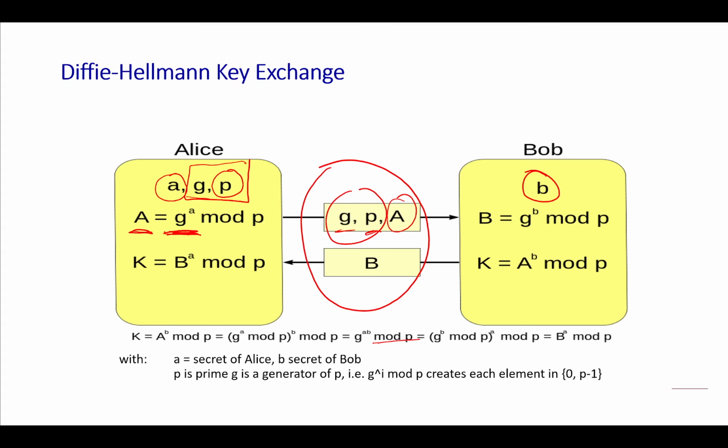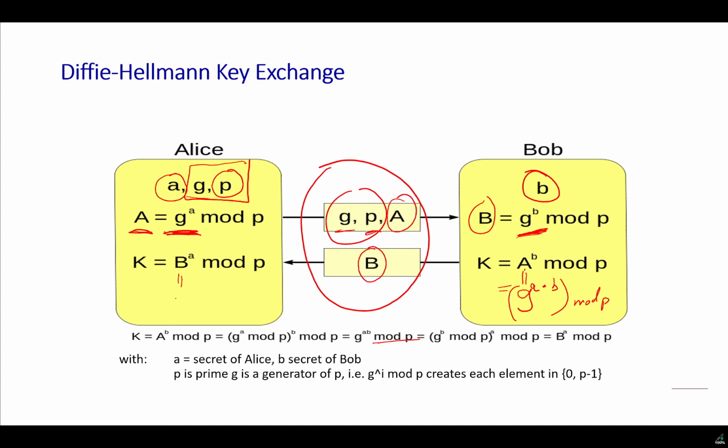Now B computes its own part: it takes G and applies its secret to it, and we get capitalized B. This is also exchanged. Then Bob takes this A, which was G to the power of A, and computes G to the power of A times B, mod P.